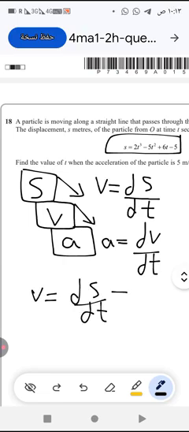equals, the first term contains 2 as a coefficient and 3 as a power of t.